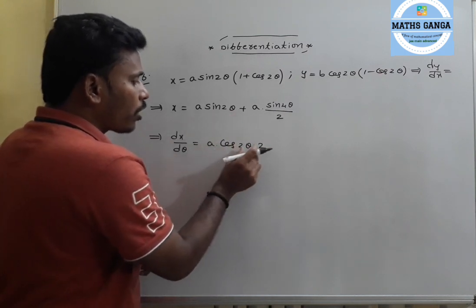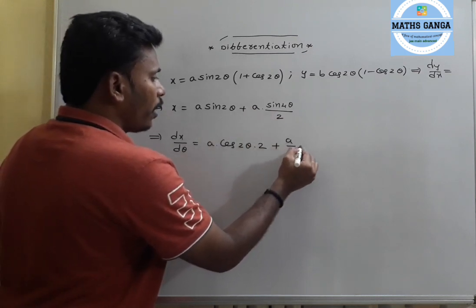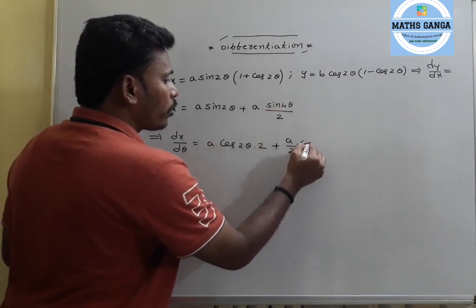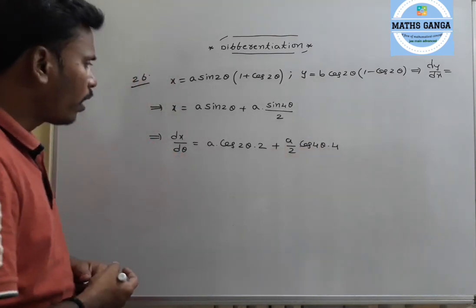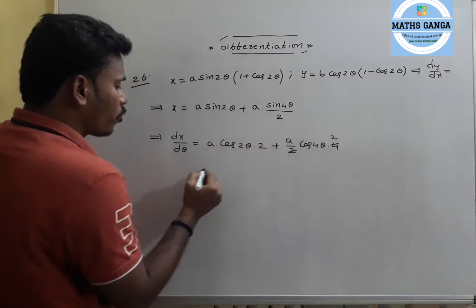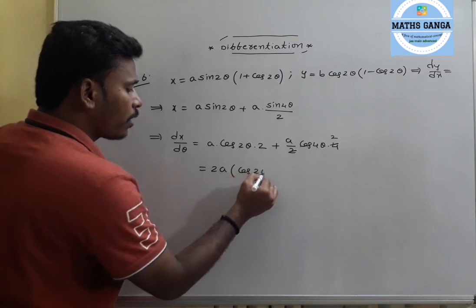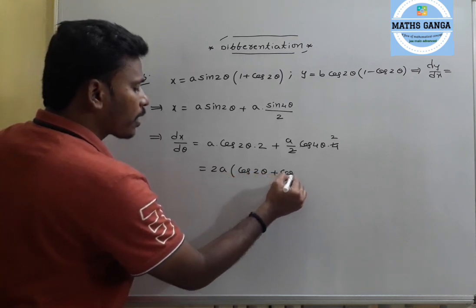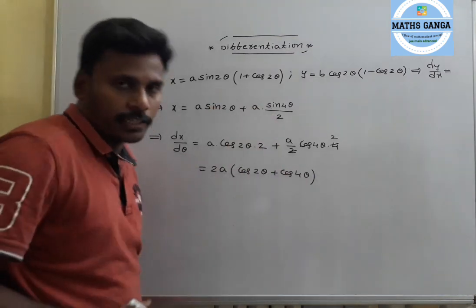So a into cos 2 theta into 2 plus here a by 2 is a constant into derivative of sin 4 theta, cos 4 theta into 4. Okay. Now if you wish to simplify, 2 and 2 get cancelled, right? So when you collect this 2a, you are left with 2a of cos 2 theta plus cos 4 theta. This is dx by d theta.